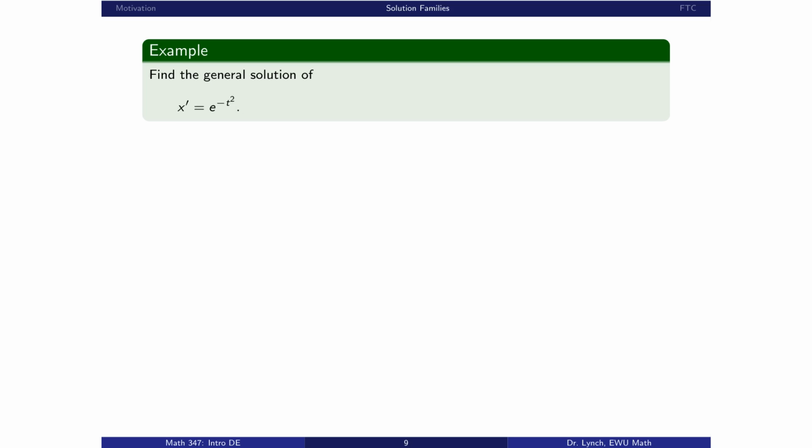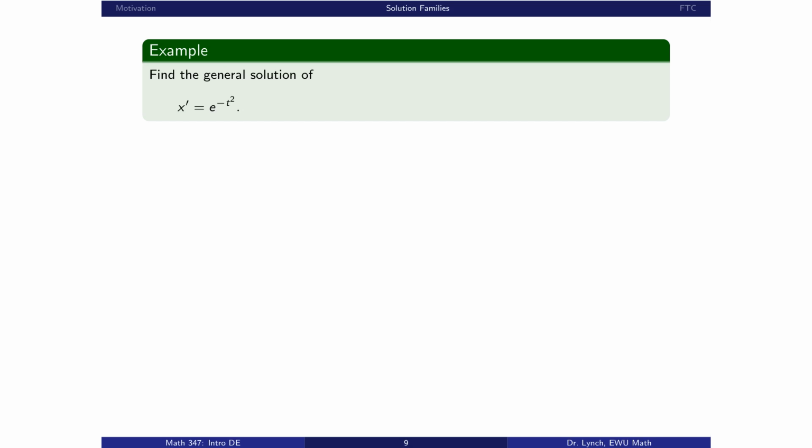Okay, one more example, just to illustrate an idea that's going to come up again later. So we'll find the general solution of this differential equation, x prime equals e to the minus t squared. Now, this function e to the minus t squared is a function that comes up for us in Calculus 2. And one of the reasons we talk about it in Calculus 2 is because it's a function that has no elementary antiderivative.